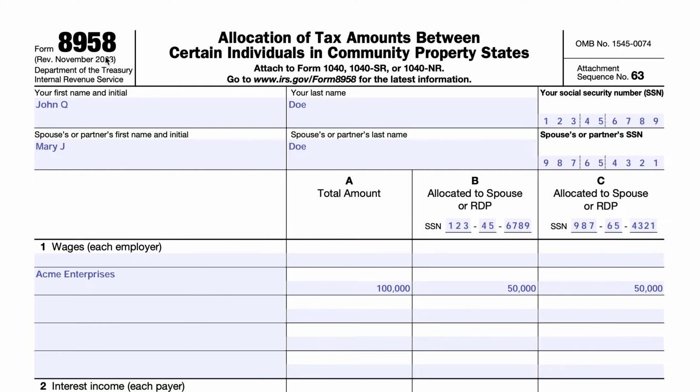So we'll talk a little bit about how separate returns can impact your tax credits and things of that nature.